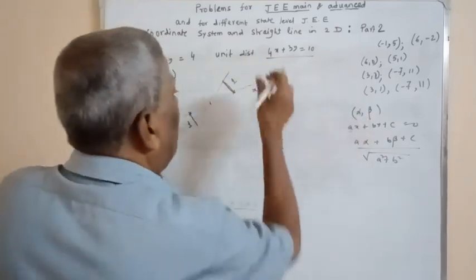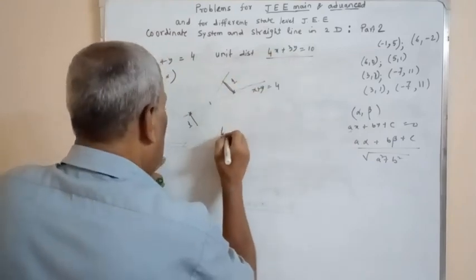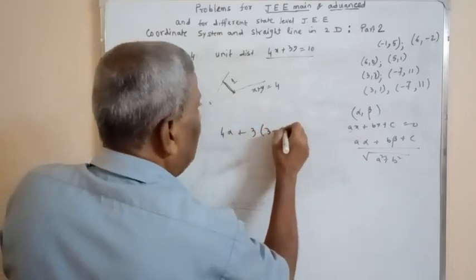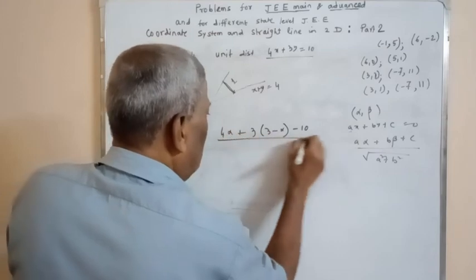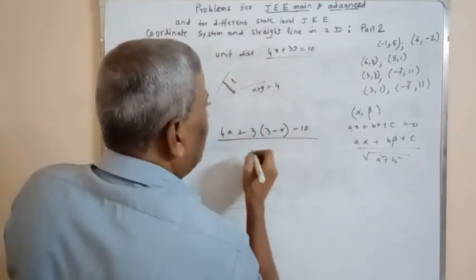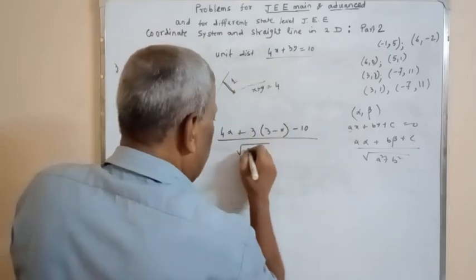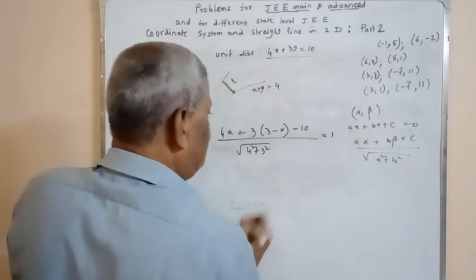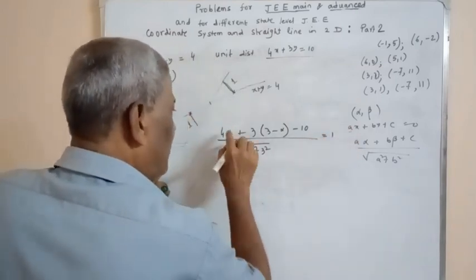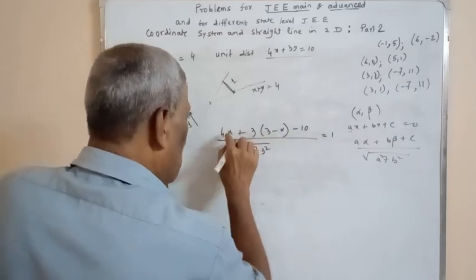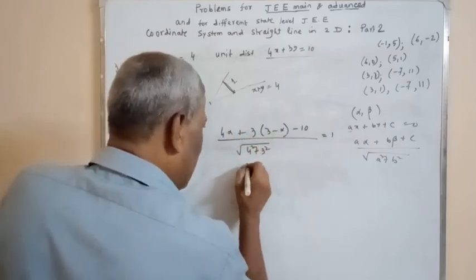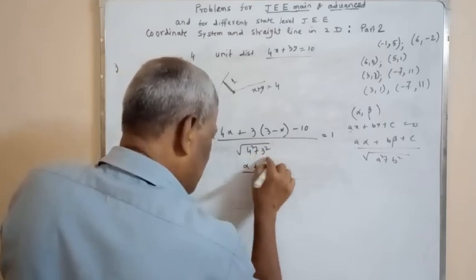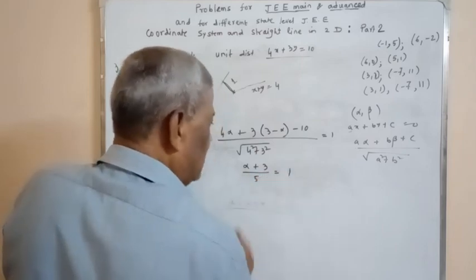So using that formula, 4 into alpha plus 3 into 3 minus alpha minus 10, taken on the same side, by root over 4 square plus 3 square is equal to 1. So 4 alpha minus 3 alpha, that is alpha plus 3, by 5, is equal to 1.